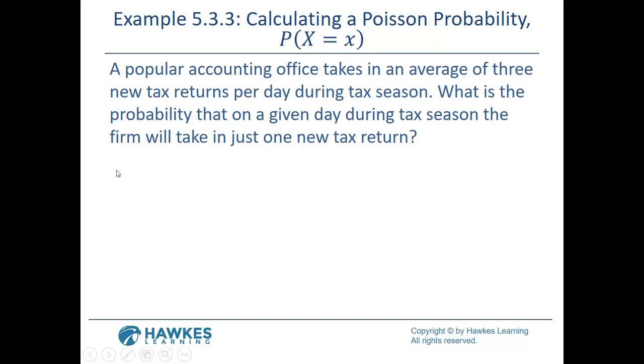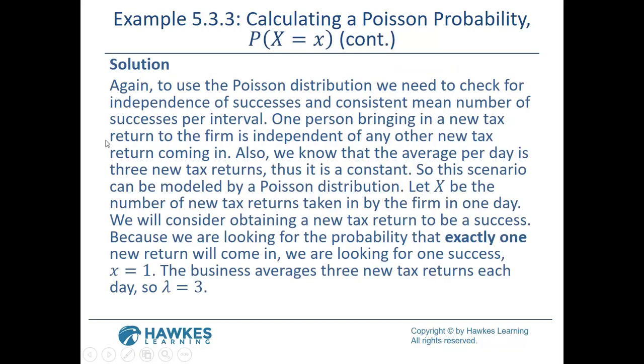Okay, so I know right off the bat here, again, we are using Poisson because we're talking about tax returns during tax season. That is my interval that I'm looking for. We also know it's going to be independent, because each tax return is not dependent on the next one.